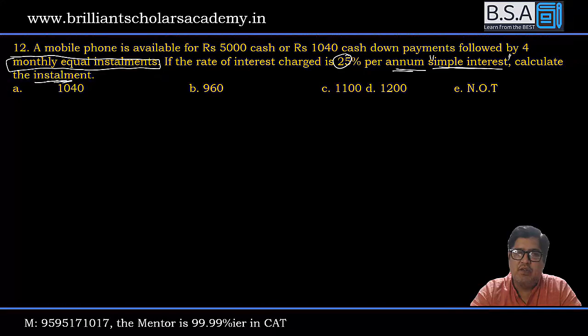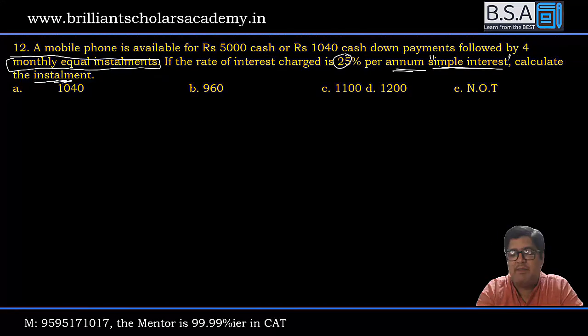Options are 1040, 960, 1100, 1200, and none of these. So the loan amount is not 5,000.